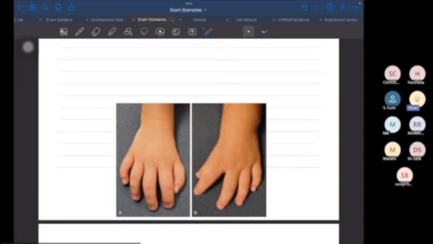Ideally, I would like to have his blood pressure examined, and along with that, I would also like to have the femoral pulses and look for any radiofemoral delay. There are no dysmorphic features on the face, no web neck. The chest appears to be of normal shape, and the apex beat is lateralized to the midclavicular line in the fifth intercostal space.